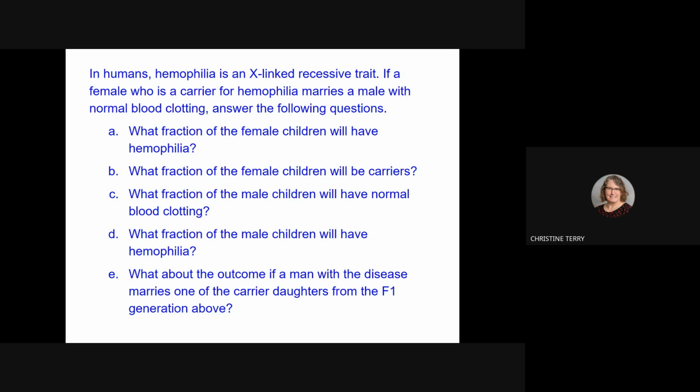So in humans, hemophilia is an X-linked recessive trait. A female who's a carrier for hemophilia marries a male with normal blood clotting. So I'm on Jamboard, the 4th Jamboard.